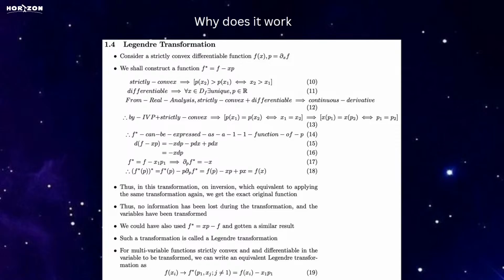That is, my objective of preserving the information and storing it in some different form is satisfied. I was successfully able to convert the information in some different form, which is representing the same thing that we were representing using the earlier function. So thus no information has been lost during the transformation and the variables have been transformed, and such a transformation is what is called Legendre transformation.